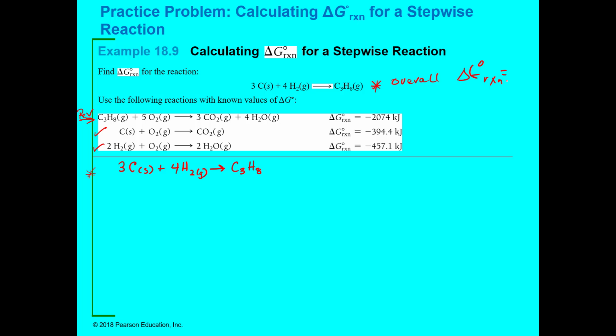So I know I need 3 carbons, so I'm going to have to multiply my carbon one by 3. That's going to give me 3 carbons, 3 oxygens, and 3 CO2s. And I'm going to have to multiply my delta G0 by 3.